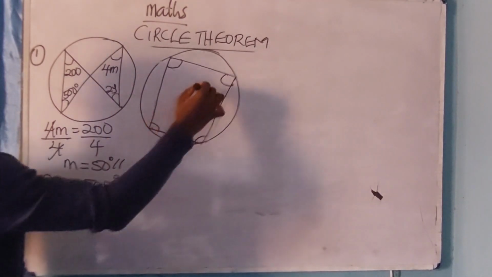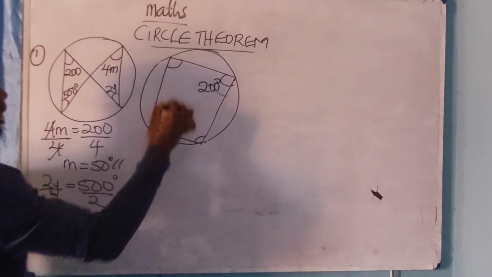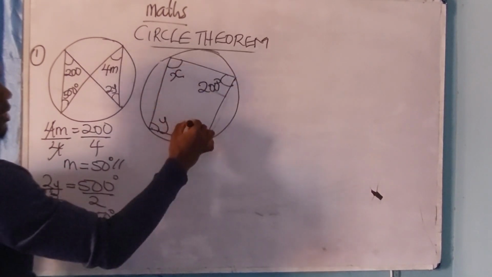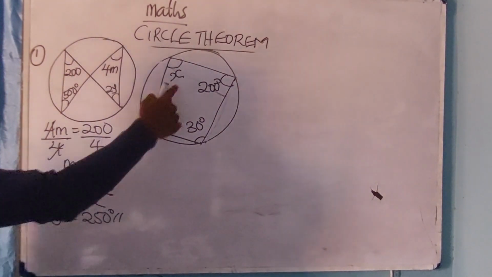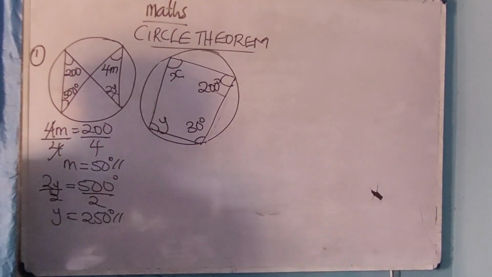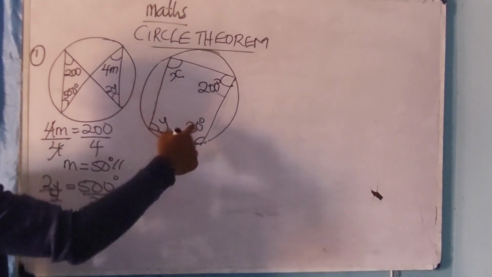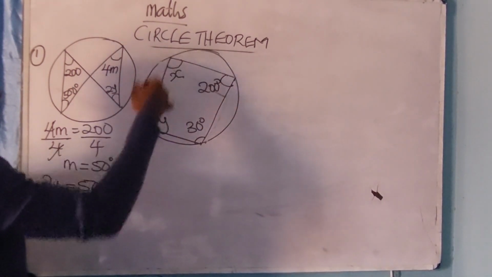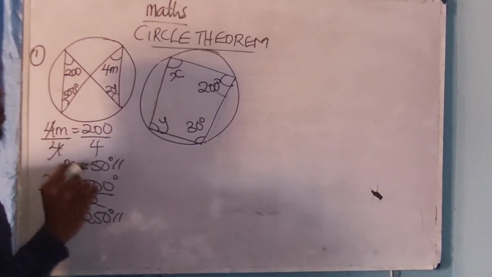Now, if I have 200 degrees, then I have y, x, and 30 degrees. Now we have to look for the value of x and y. For x, don't forget the rule. Opposite angles of a cyclic quadrilateral are 180 degrees. It is supplementary.